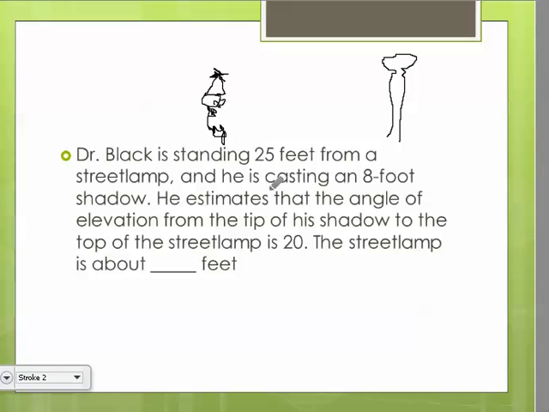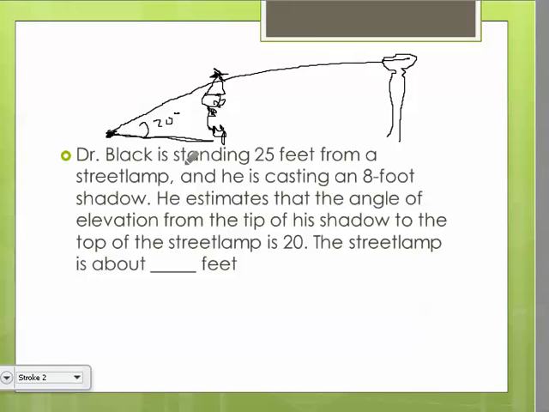And it says that he's casting an 8-foot shadow. So here's the little shadow of Mr. Black here. It estimates that the angle of elevation from the tip of his shadow to the top of the street lamp is 20 degrees. So that means it goes through here, through the tip of his shadow like that, and that's 20 degrees.